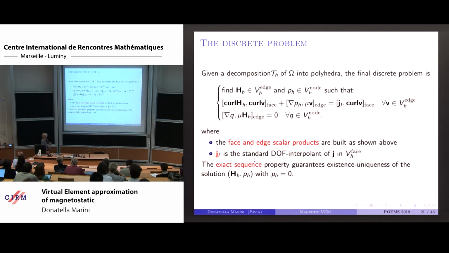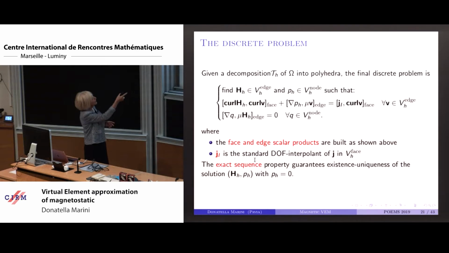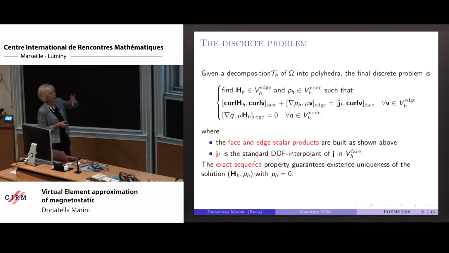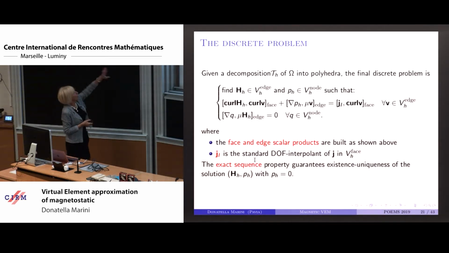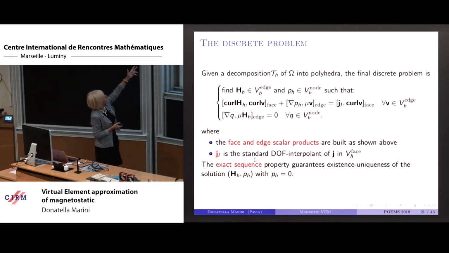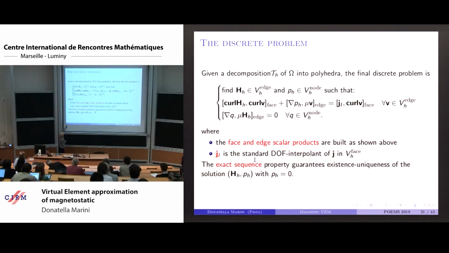And we are happy, we can write our discrete problem where J_I is the standard Dof interpolant into V face. So we can prove that the problem has a unique solution thanks to the exactness property of the sequence, and the scalar solution p_h is identically 0.